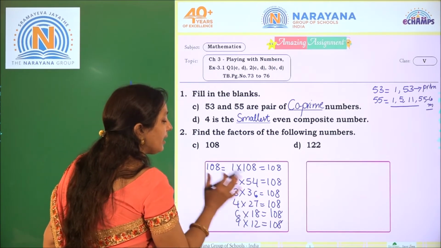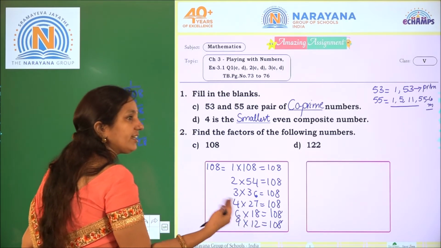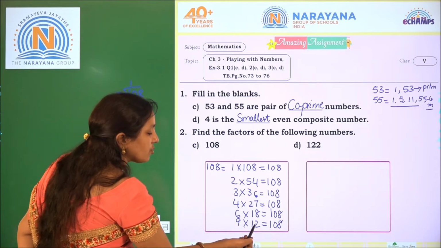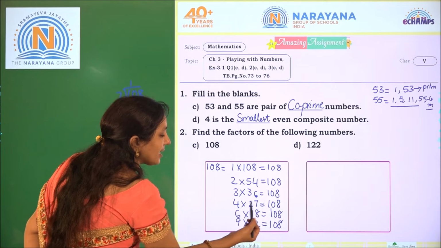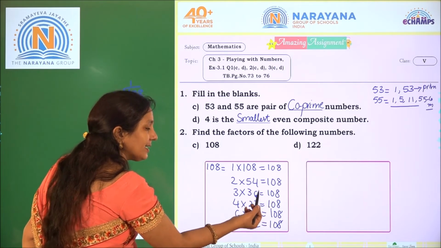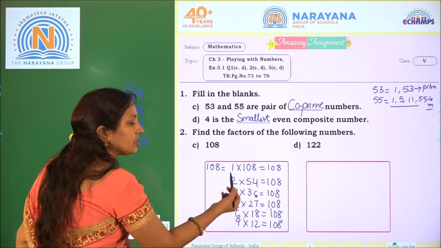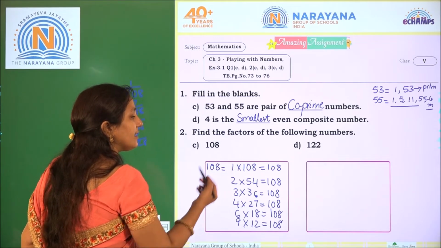Now these are all factors of 108. Coming to 12, 12 9s are 108, 18 6s are 108, 27 4s are 108, 36 3s are 108, 54 2s are 108, 108 1s are 108.